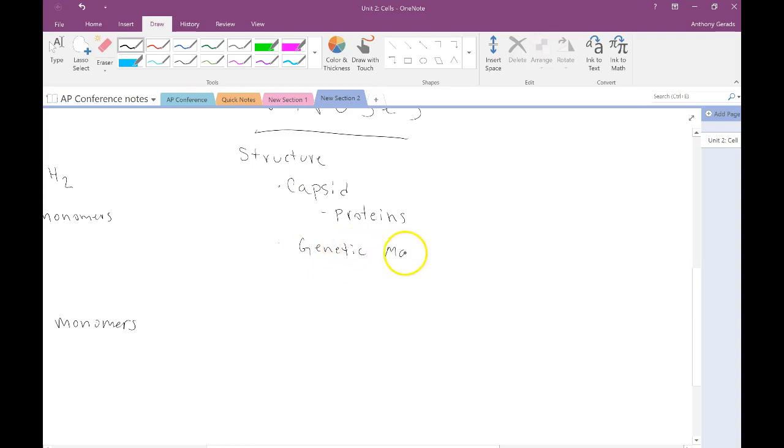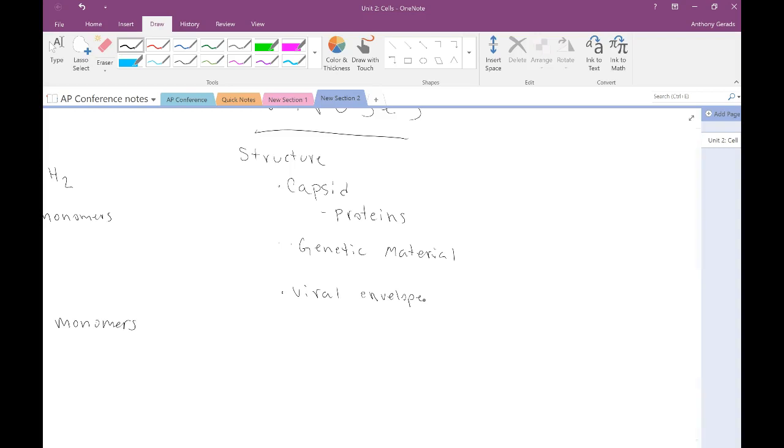Some of them can form a viral envelope, or a viral membrane. That's when it undergoes that cycle where it breaks out of the host cell and takes part of its cell membrane with it. That way it can make the next cell think, hey, you belong here, and it can infect a host cell even more easily.